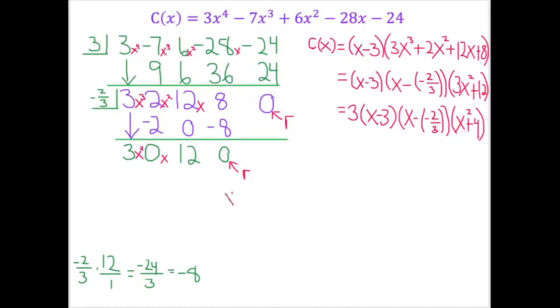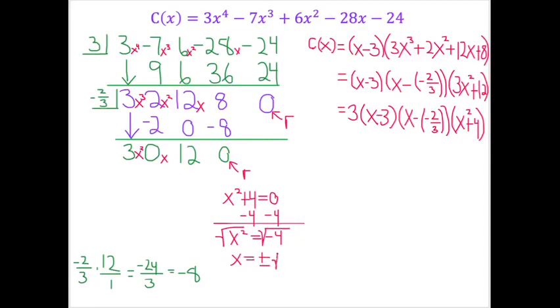Well, to find those zeros, we can take x squared plus 4 and set it equal to 0. So we're going to subtract 4 from both sides. We get x squared equals negative 4. And then we're going to take the square root of both sides. So we get x equals, remember if you take the square root, you need to do plus minus, so plus minus the square root of negative 4.